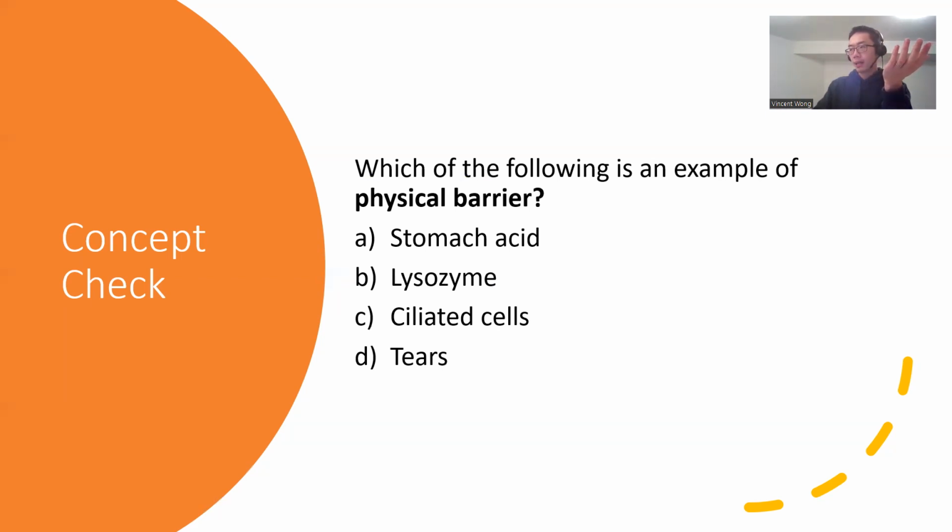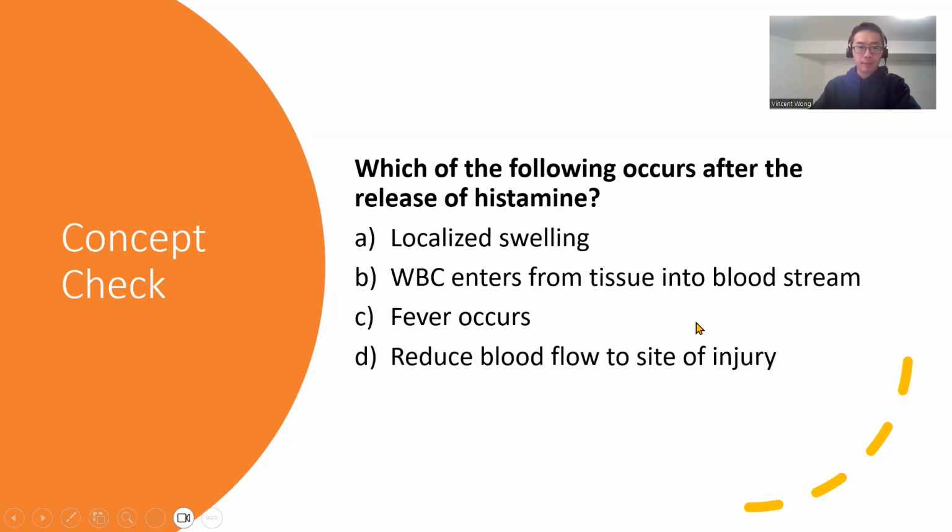Fantastic. Most of you got it right. It is, of course, the ciliated cells. Everything else are chemical barriers. Next, which of the following occurs after the release of histamine?